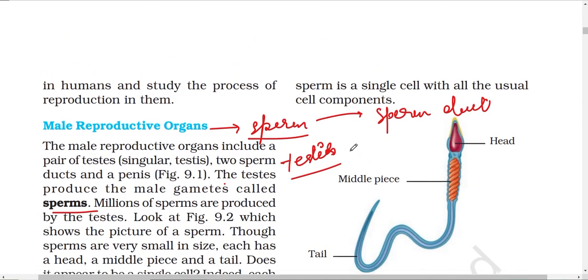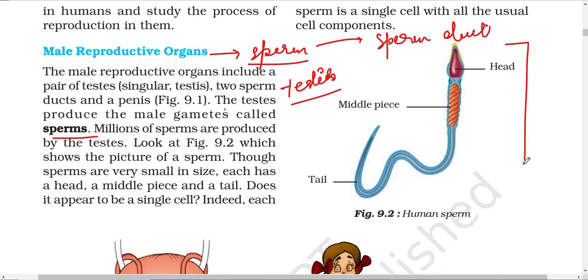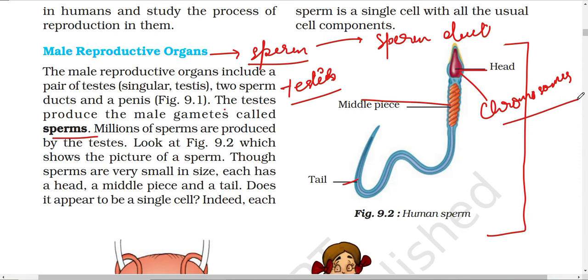Now this is a diagram of a sperm which you can easily see over here. A sperm has three parts, that is head, middle piece and tail. The head consists of chromosomes, which we have already studied in the cell structure and functions video. If you have not seen the video, please go to the channel and watch that video too. Over there, it's explained what a chromosome is.